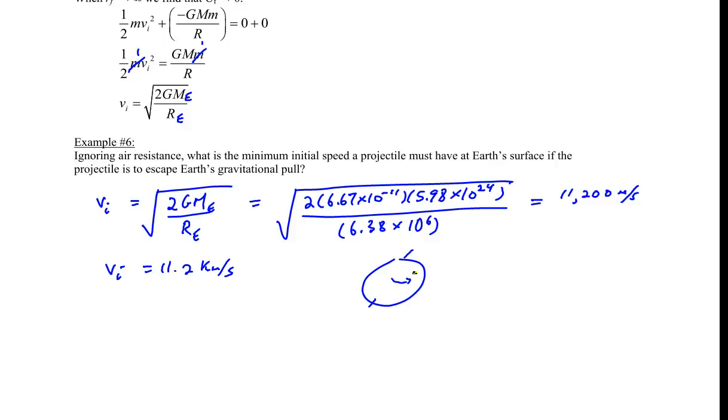I should also point out that this concept of escape speed helps explain why there is little hydrogen gas and helium gas in our atmosphere. That's helium here. The reason for that is the helium and hydrogen particles are quite light.